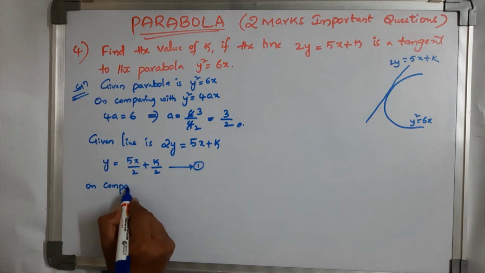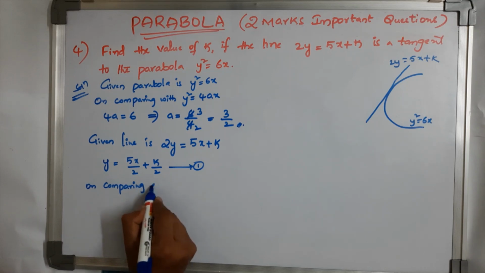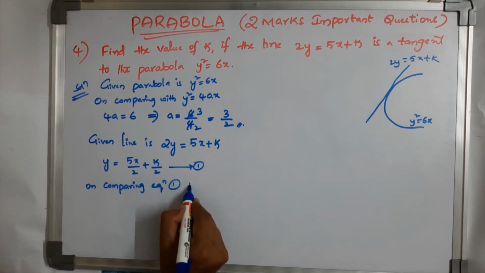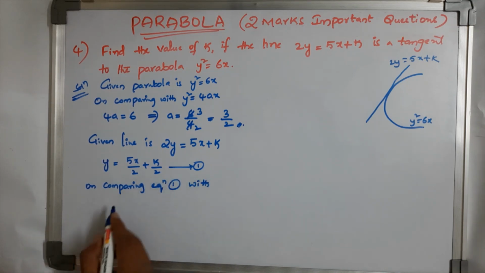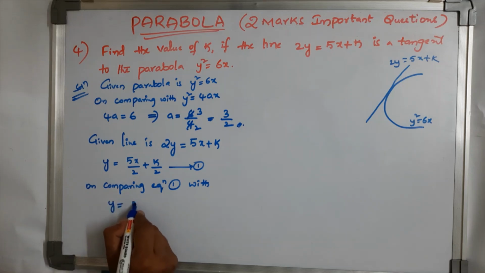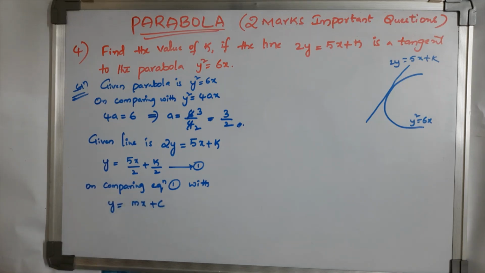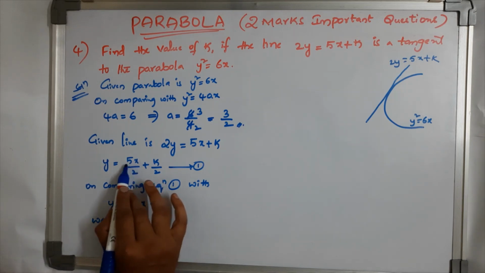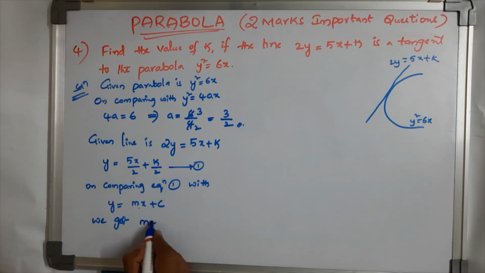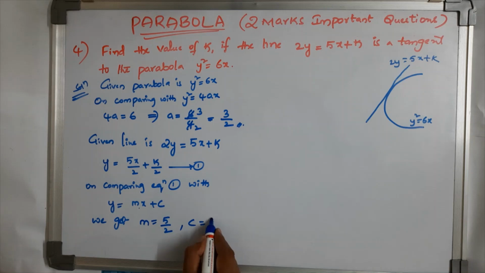On comparing equation 1 with y is equals to mx plus c, we get mx is equals to 5x by 2, so that m is equals to 5 by 2 and c is equals to k by 2.